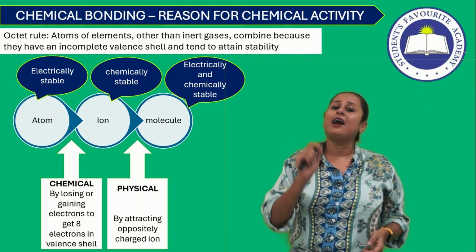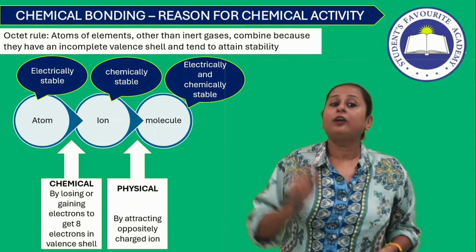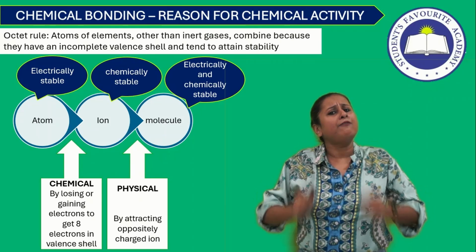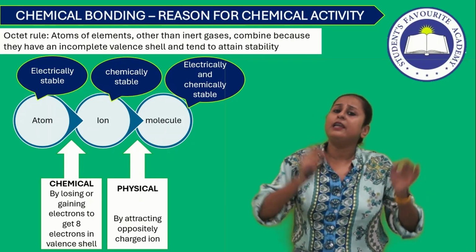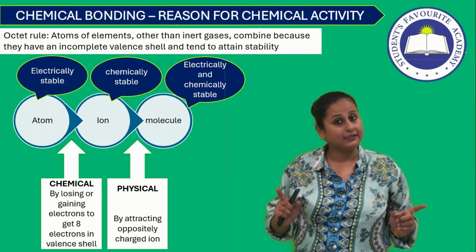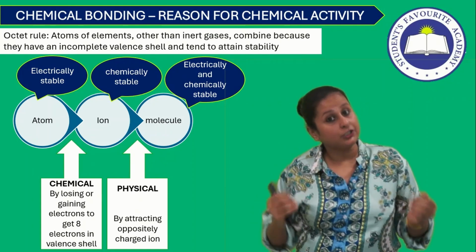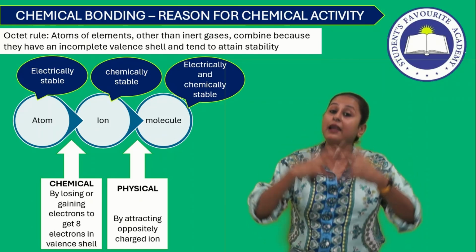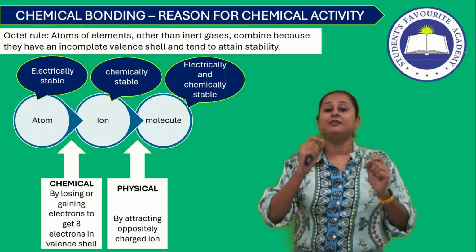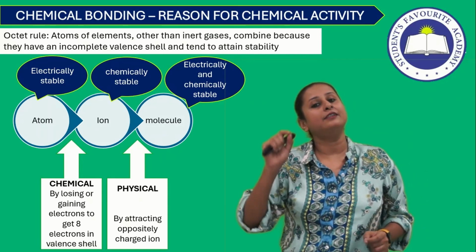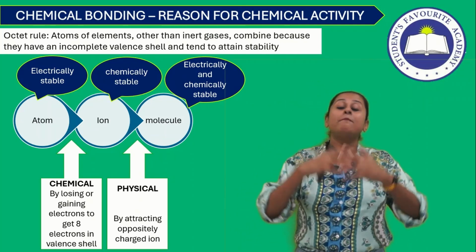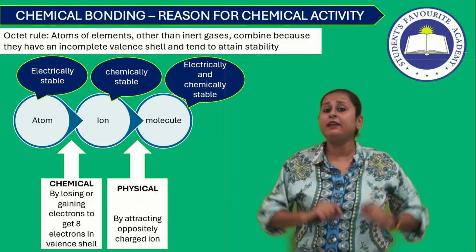So what is our octet rule? The octet rule tells us that every other substance or every element except noble gases always combines with each other. These elements combine with each other because they have an incomplete valence shell. They only combine because they have an incomplete valence shell.